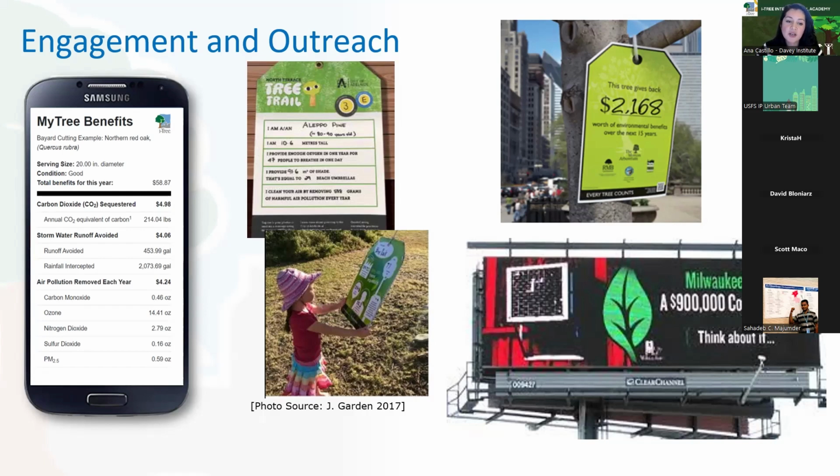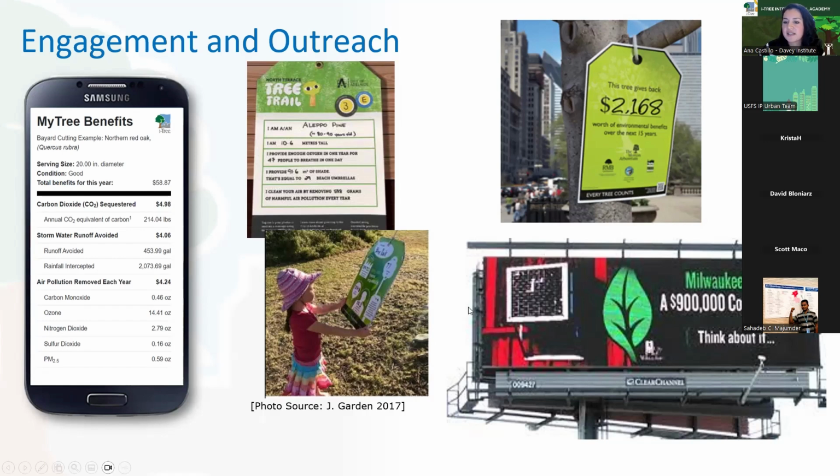You can do this for a couple of trees in your neighborhood, or if you have a captive audience, like a group of people that you're teaching about trees. This is an activity that a lot of people do: showing them how to use MyTree and then making these tree tags that get placed in prominent places where people are walking around or hanging out at a park with their kids.